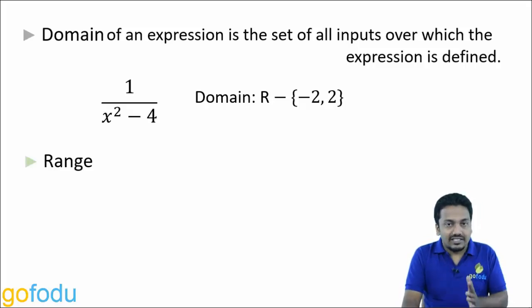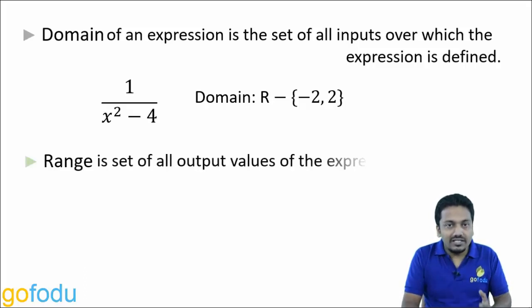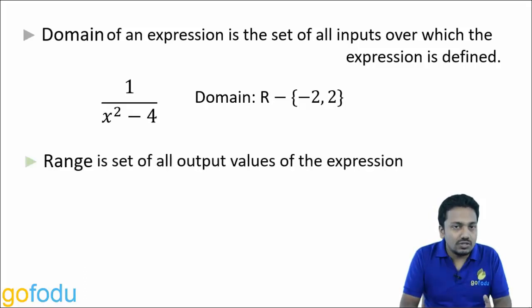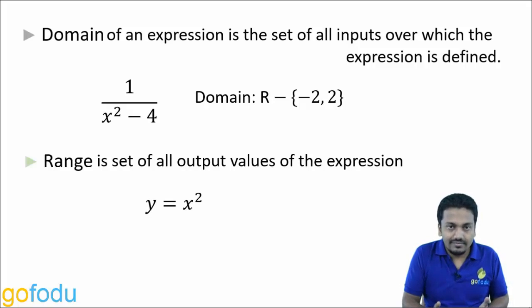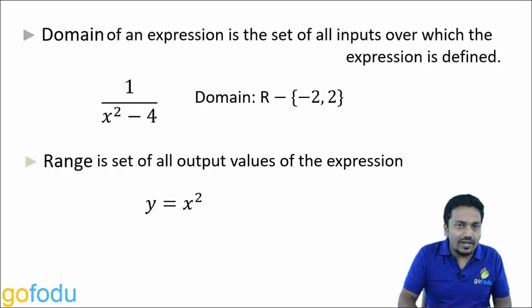Next term is range. Range simply means set of all output values of the expression. So in this example, range will mean set of all the resulting y values we get after substituting all the possible x values. By all the possible x values, we simply mean domain of the expression. For example, y is equal to x square. Now, can we put any value of x in here?